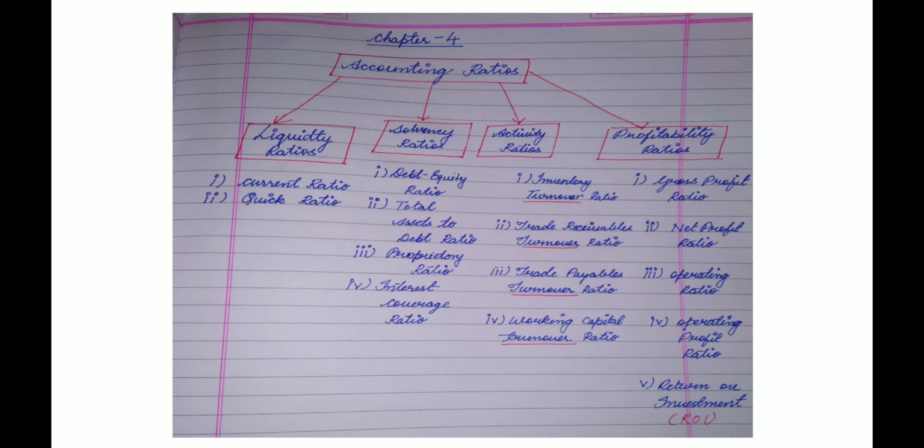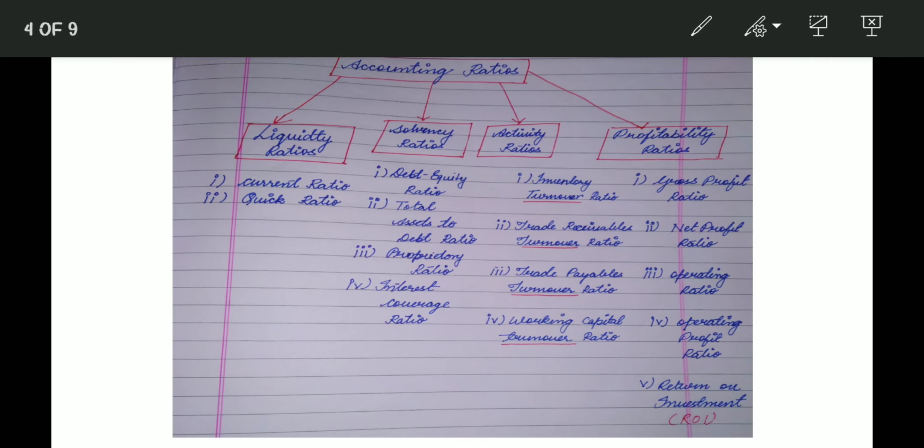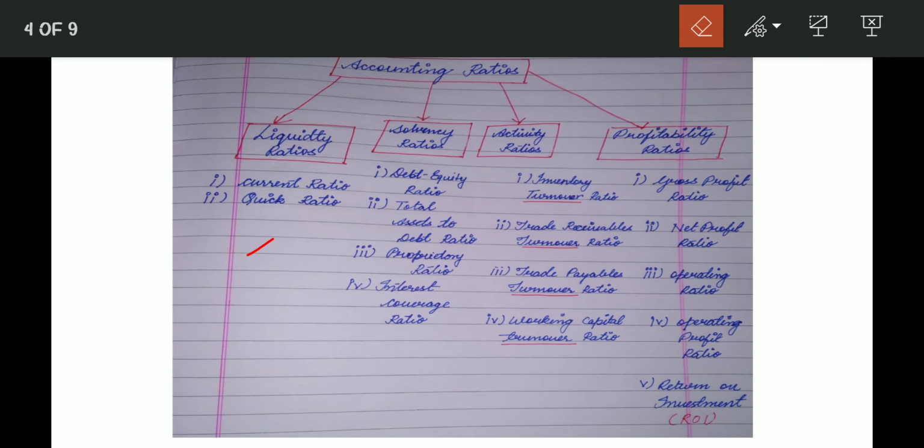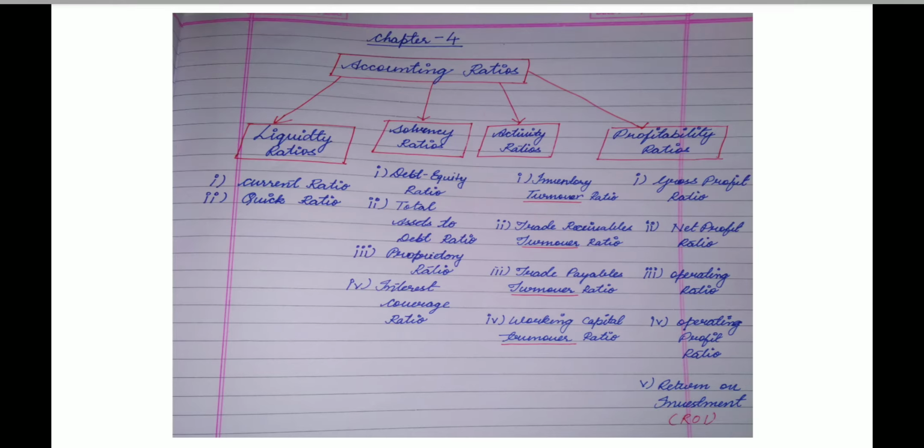Thus, liquidity ratios are known as short-term solvency ratio. You should remember this, short-term solvency ratio. Okay. Now, it includes two types of ratio, that is current ratio and quick ratio.